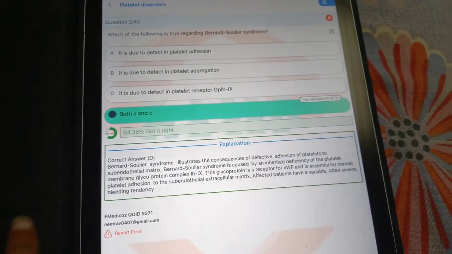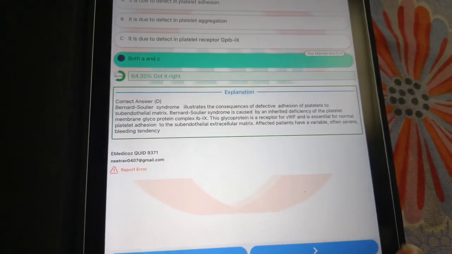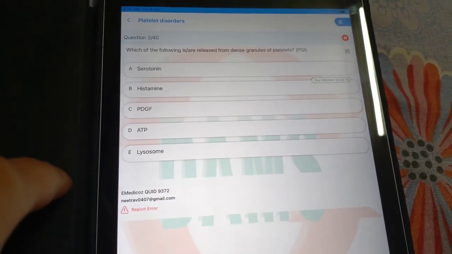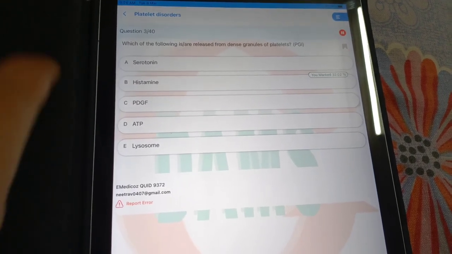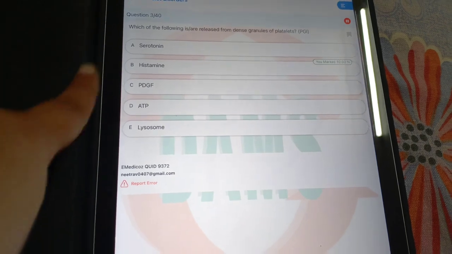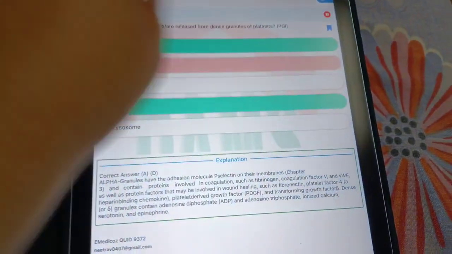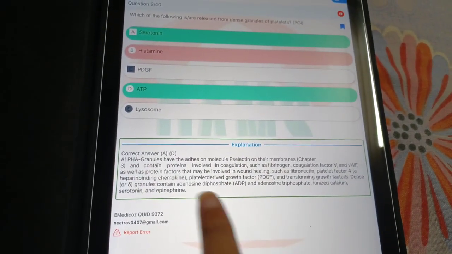This too was covered in the notes, so I just read the explanation and then I'll move forward to another question. This is something I'm confused in, so I'll just mark what I remember. Okay, so I'll bookmark it, read the explanation, and then come back to it again to revise the topic.